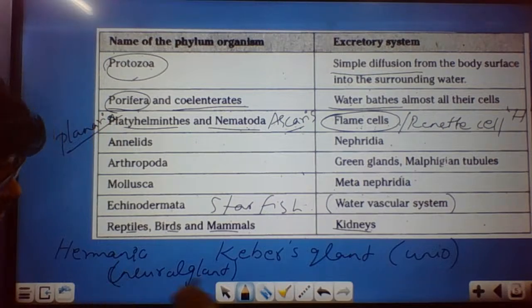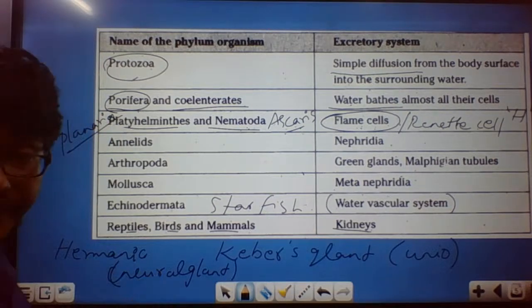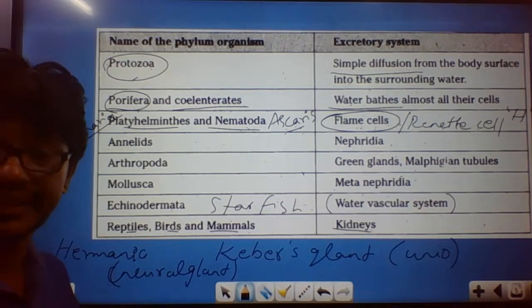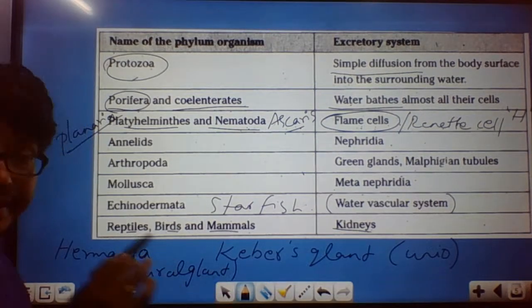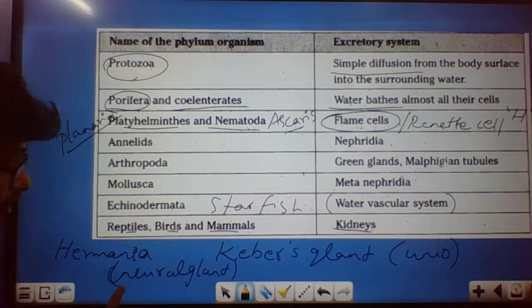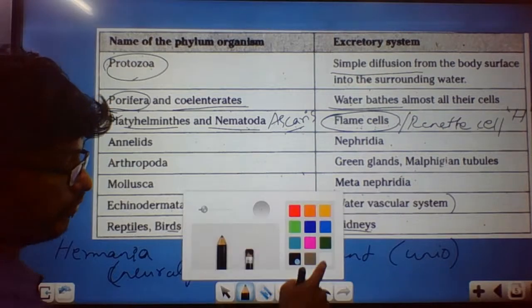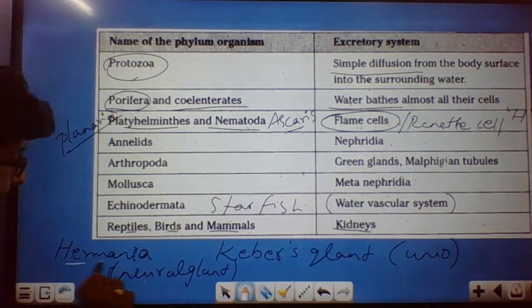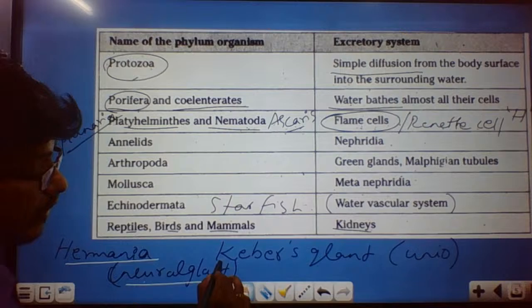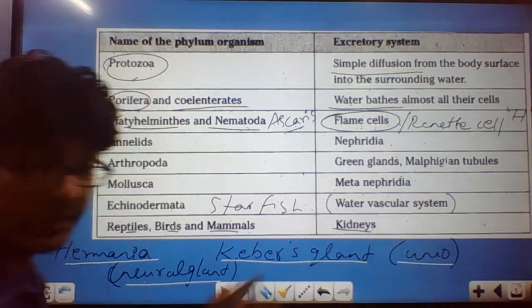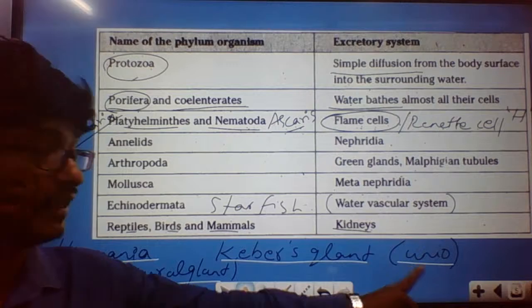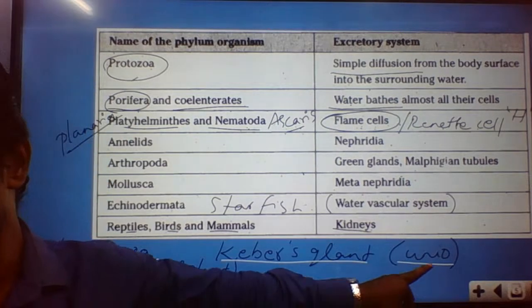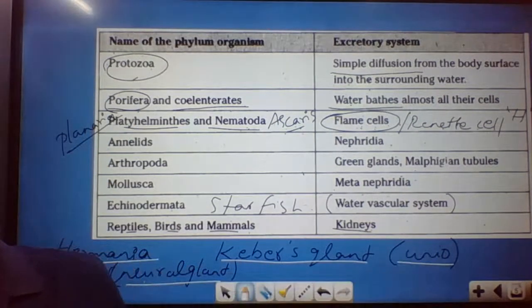Questions like: what type of excretory gland or cell is present in Hemichordata? The neural gland itself plays the function of excretion. So Hemichordata has a neural gland. For Keber's gland, look in the options for Unio. If Keber's gland comes, then you have to select Unio.